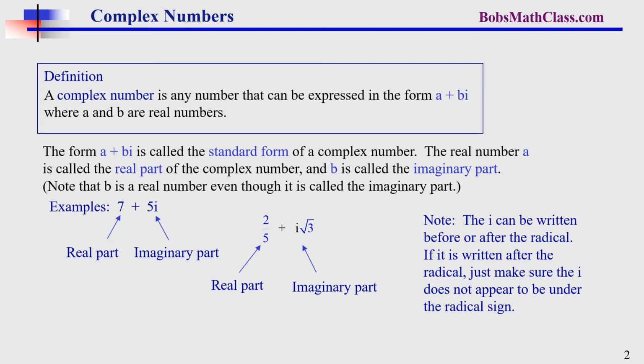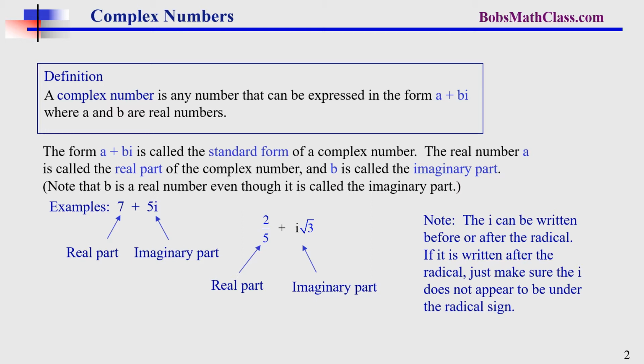Okay, here's some examples. 7 plus 5i. The 7 is the real part, the 5 is the imaginary part. Or the 2/5 is the real part, and the square root 3 is the imaginary part. Notice that I put the i before the square root 3. I put a note here. The i can be written before or after the radical.